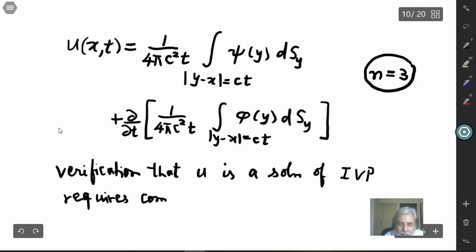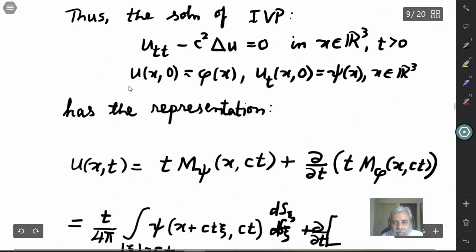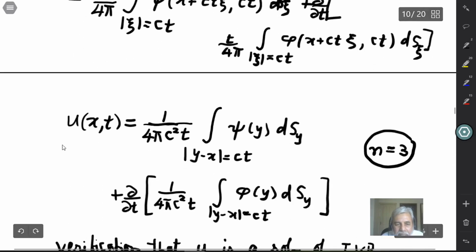For example, even for verification of the initial conditions, straight away we cannot put t equal to 0, because there is a t in the denominator, so we have to take the limit as t goes to 0. That requires work. In the case of D'Alembert's formula, that was very straightforward, but here we have to do some computation and take the limit.